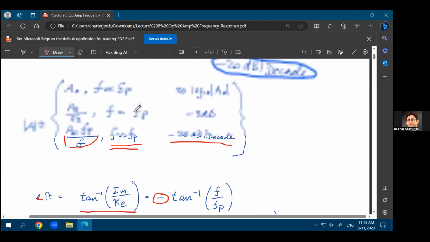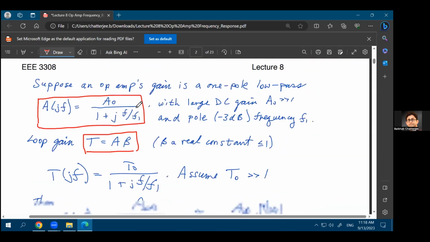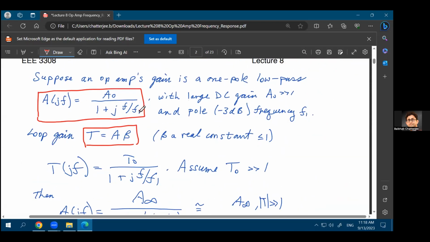Here we are calling it Fp, but from this point onwards it's written as F1, but it's basically your Fp, the pole frequency. So A0 divided by 1 plus j times f over the pole frequency, that's your transfer function, your frequency response of the amplifier.